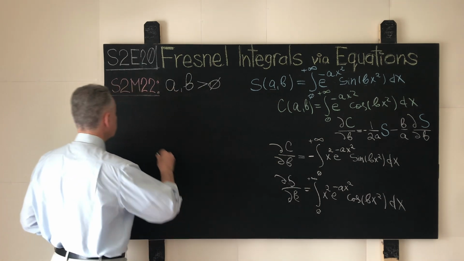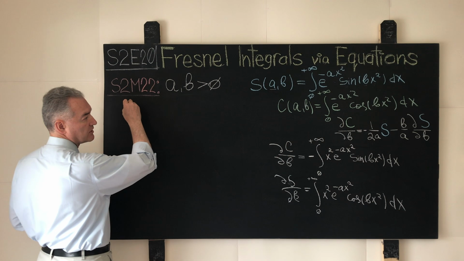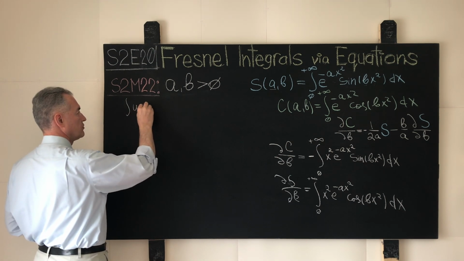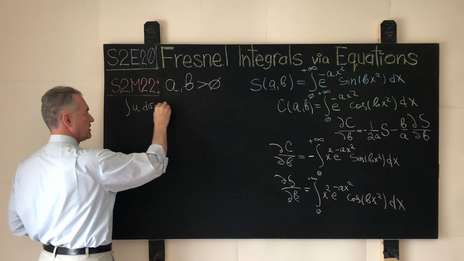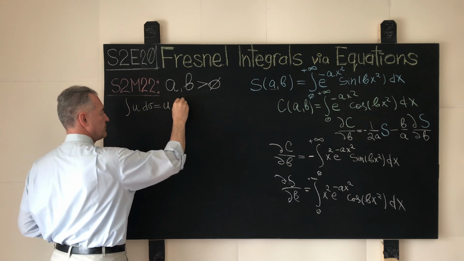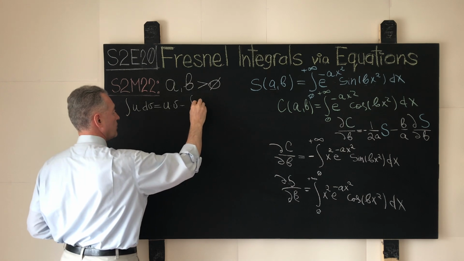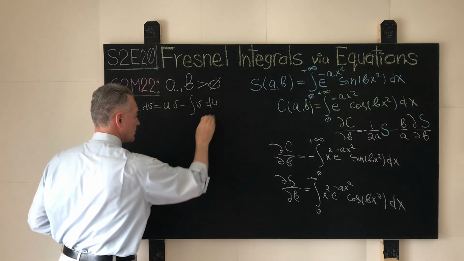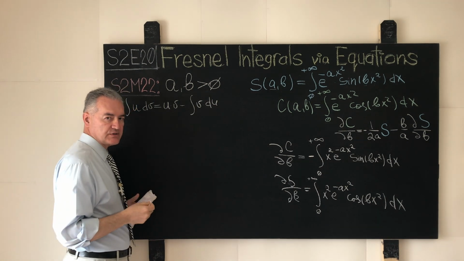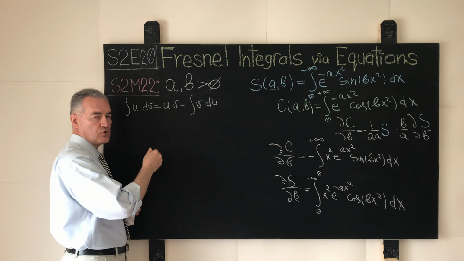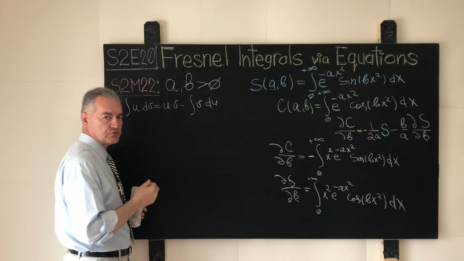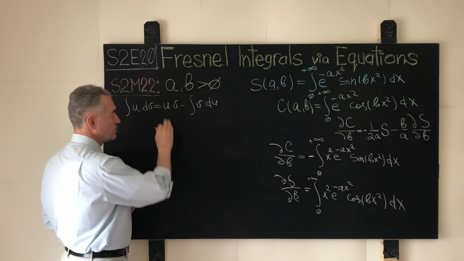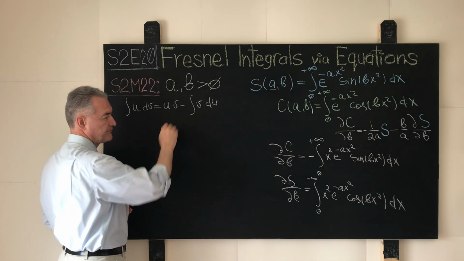Now, you remember this wonderful formula from whatever course you took, that the integral of u dv is u times v minus the integral of v du. This formula applies to indefinite integrals, it applies to Riemann or definite integrals, and it also can be carried through into the world of improper integrals when the proper limits are computed.